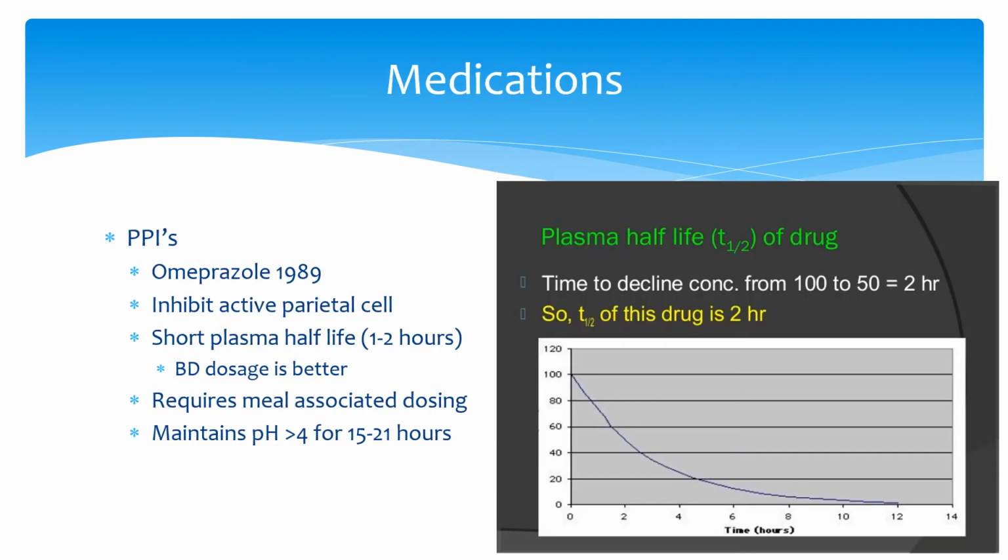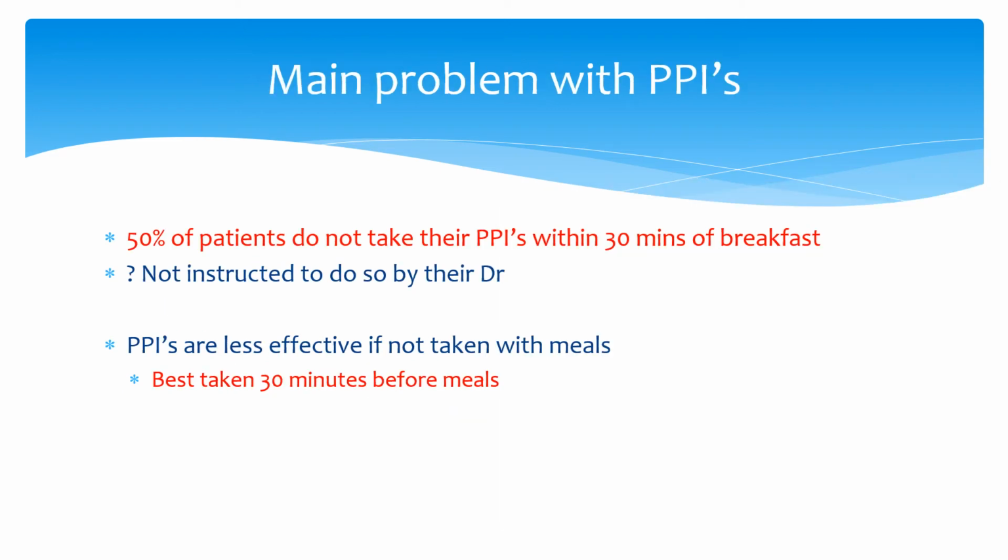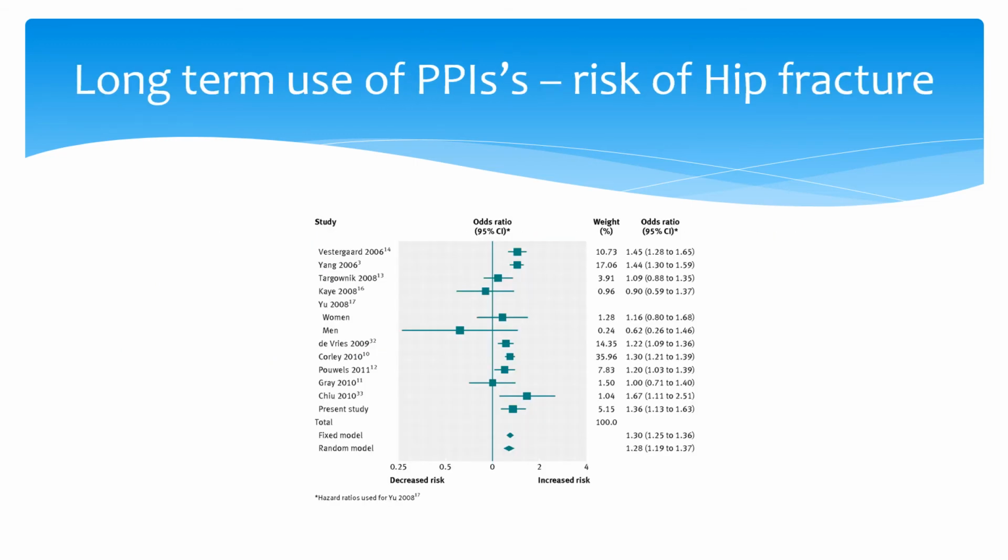Now, they are best taken twice a day because they often will have a short half-life of no more than a couple of hours. They work best when they are taken 30 minutes prior to a meal. So if you're not taking your proton pump inhibitor before your meals, well, you will continue to have symptoms.